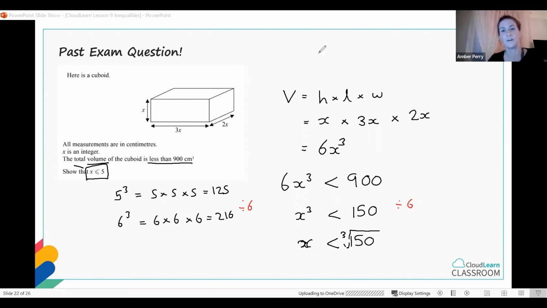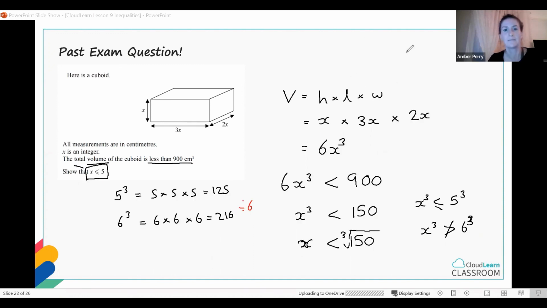Okay, so what we would write here in the exam, x cubed is less than or equal to 5 cubed, but x cubed is greater than 6 cubed. Sorry, x cubed is not greater than 6 cubed. It's less than 6 cubed because it's 216.